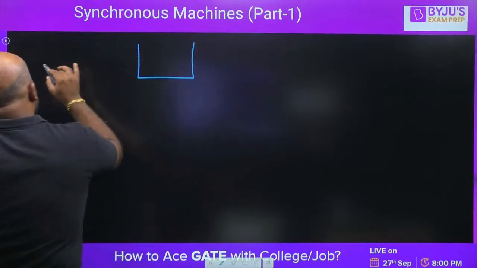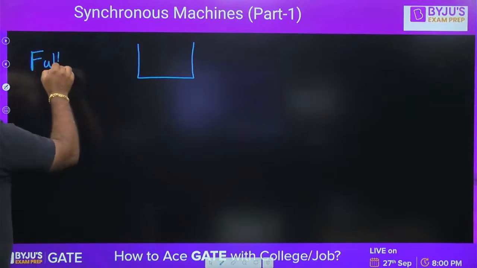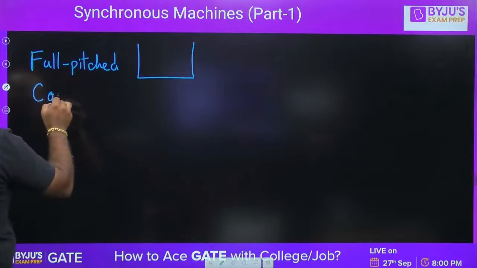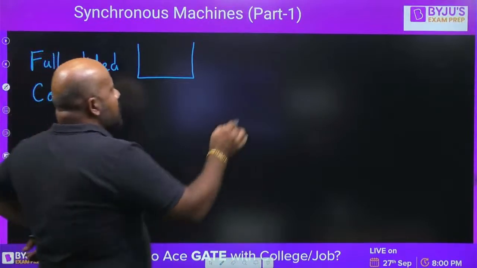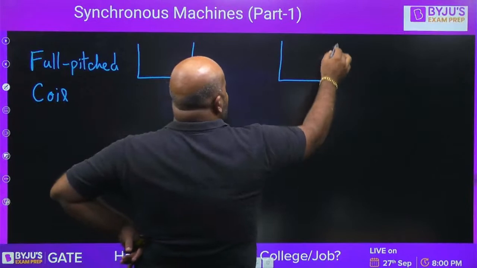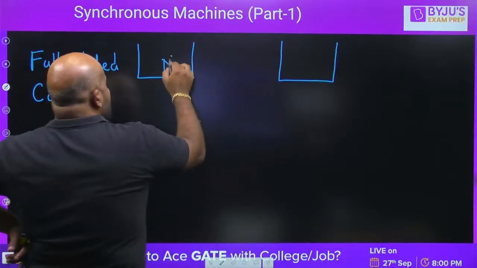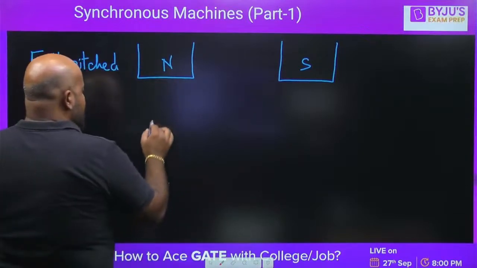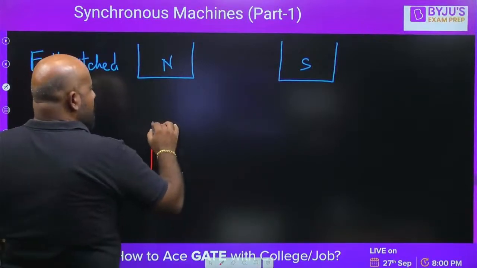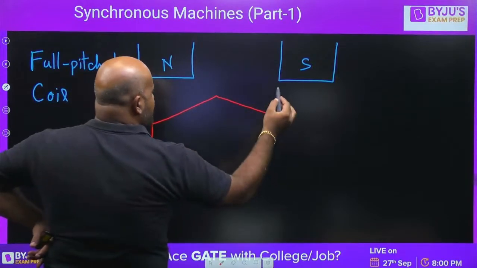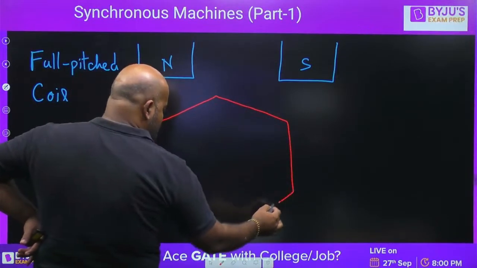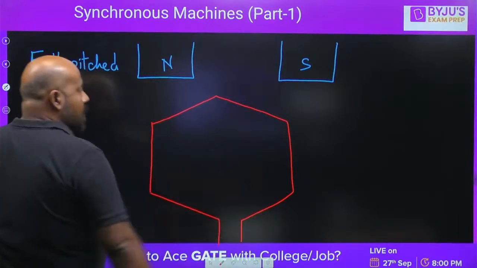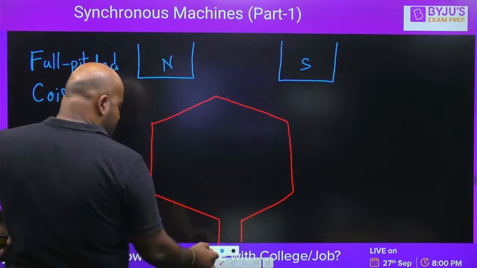Suppose first we talk about the full pitched coil. Suppose this is the north pole and this is the south pole. Suppose this is your winding.